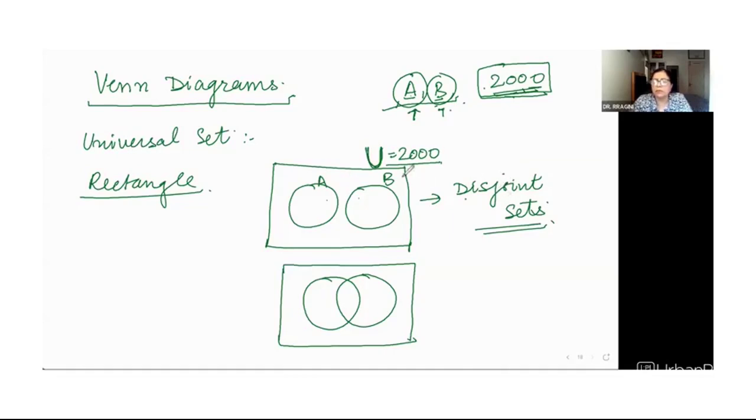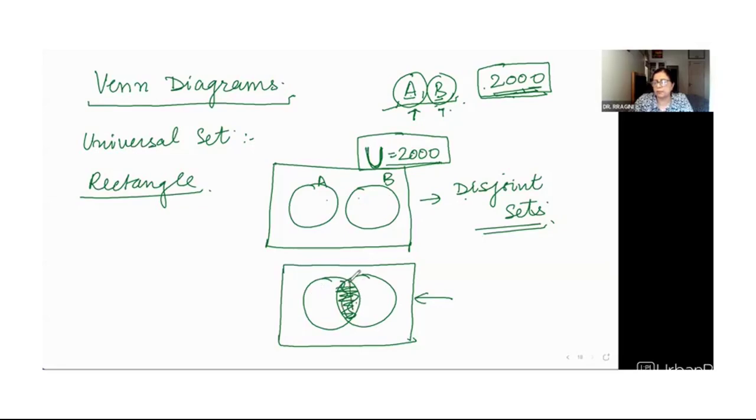Disjoint means they have nothing in common. Like in this particular condition, if we ask a few people about A or B, you must have seen practically that there are a few families who take both newspapers A and B, more than one newspaper. So there might be some families which are reading both newspapers. So that will be in this kind. They have something in common. This is the common portion.